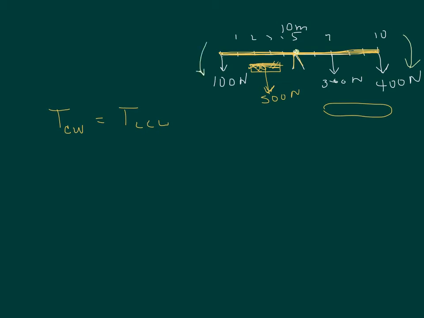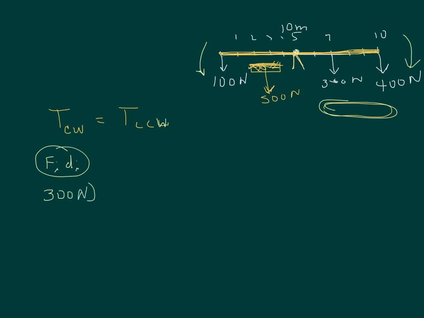In order to be at equilibrium, the torques have to be equal to each other. So the counterclockwise has to equal the clockwise. So let's see what the counterclockwise torques are. That's the torques on this side. Everything is going to be the force, we'll call it F, times the distance D. That's how I'm going to calculate all the torques. So let's look at the first torque, the 300 newtons.